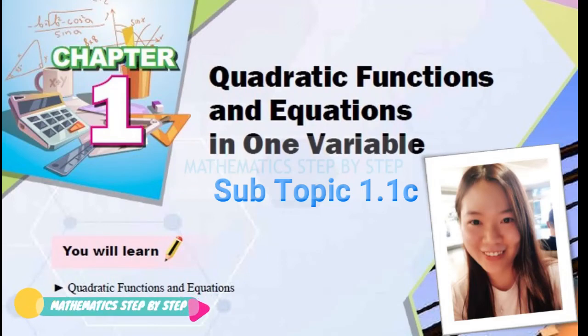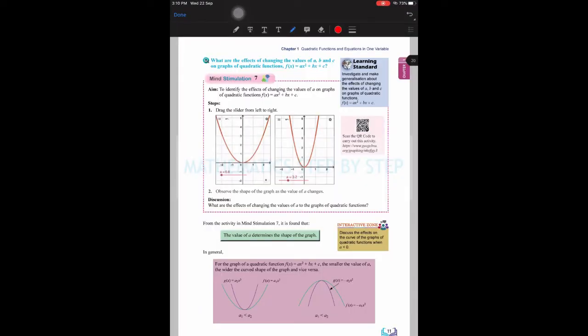I am Ying. So today we'll be learning the third subtopic of this chapter 1, okay? Today we'll be learning how to investigate and make generalization about the effects of changing the values of a, b, and c on graphs of quadratic functions f(x) equals ax squared plus bx plus c, okay?